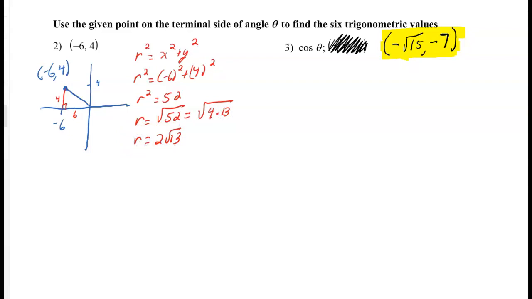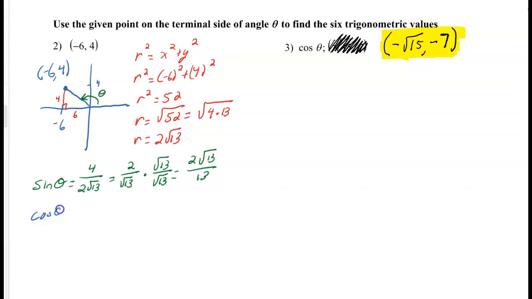So then using the definitions we talked about above, this is the angle of theta. The sine of theta is the y coordinate over the radius, which then is 2 over root 13, and you should rationalize root 13 over root 13, so 2 root 13 over 13.